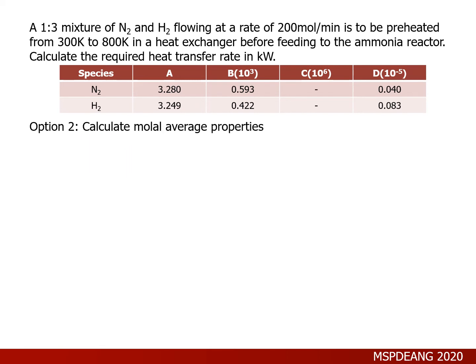Now, your second option is to calculate the molar average properties of the coefficients of the ideal gas relationship between temperature and heat capacity. So in this, let's calculate A prime. So A prime is the first for N2, okay, 1/4 ang composition ng N2, and 3/4 ang composition ng H2. So you can get A prime, which is the molar average A coefficient.